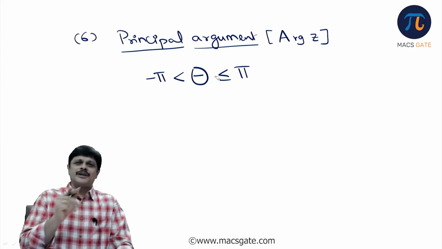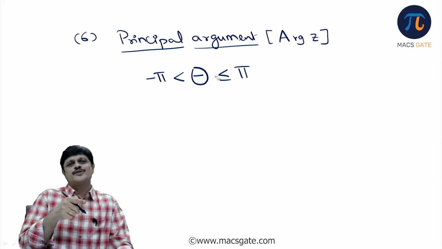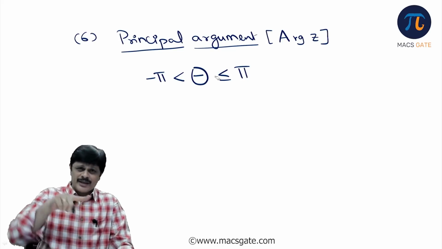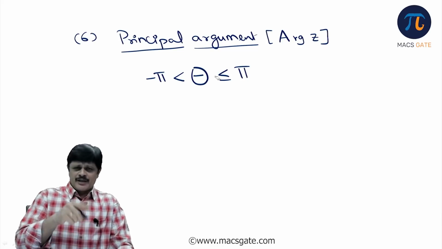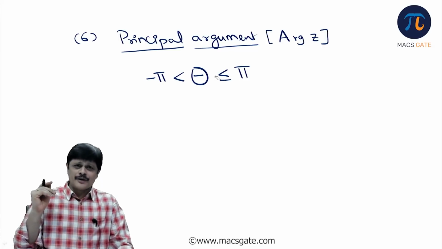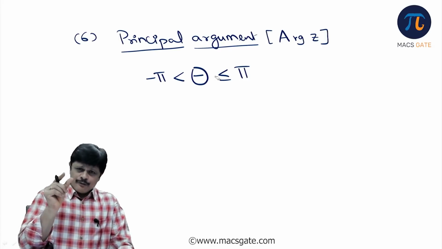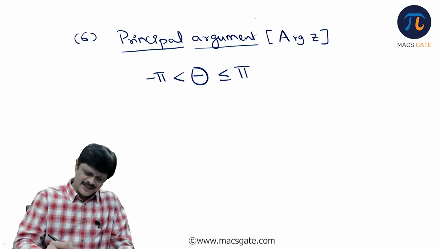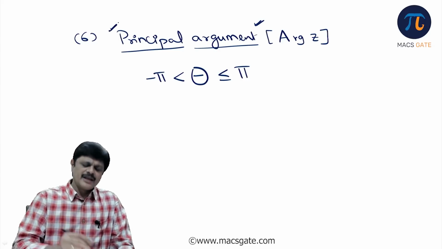Because once you get pi by 4, pi by 4 plus 2 pi is also an argument, pi by 4 plus 4 pi is also an argument, pi by 4 minus 2 pi, minus 4 pi, like that infinitely many. Out of that, we require one representative, and that is what we call the principal argument.